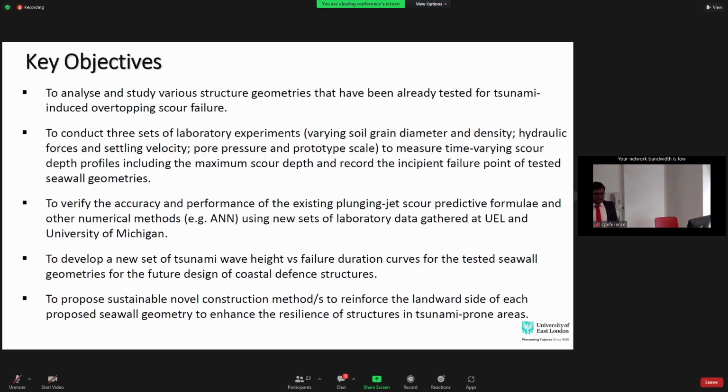I am going to test different geometries of seawall defense structures, like inverted T's and cantilevers, and check how much the soil grain diameter, density, hydraulic forces and pore pressure affect the real-time, time-varying scour profile. Then I plan to verify the accuracy of the existing models using the data I am getting, and then propose a new curve model.